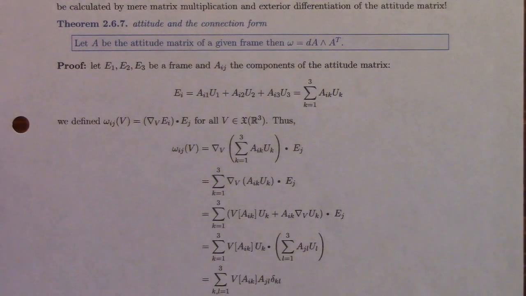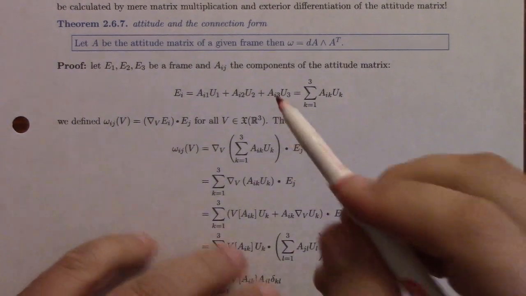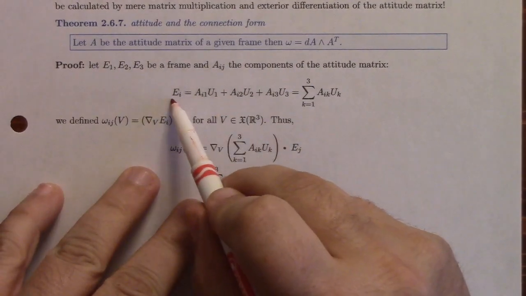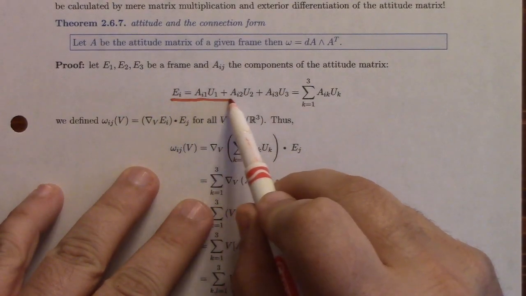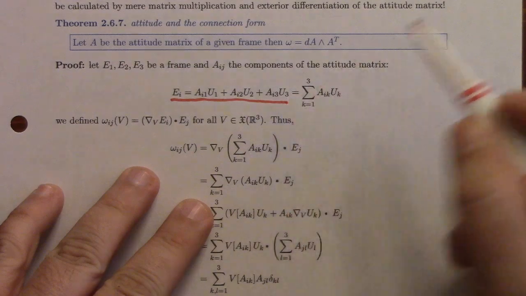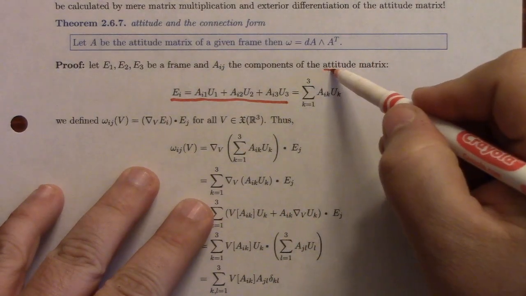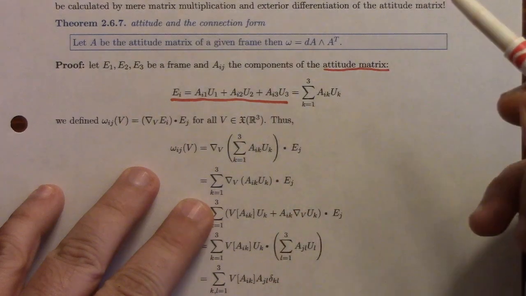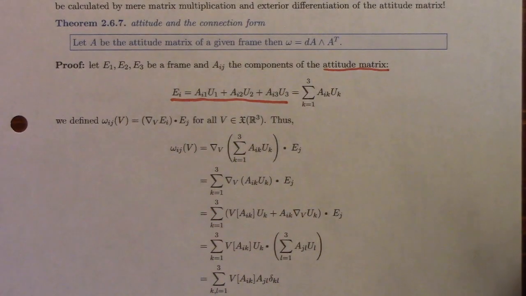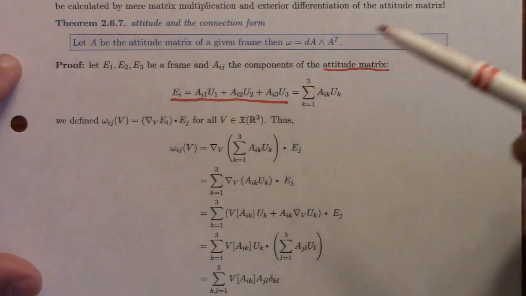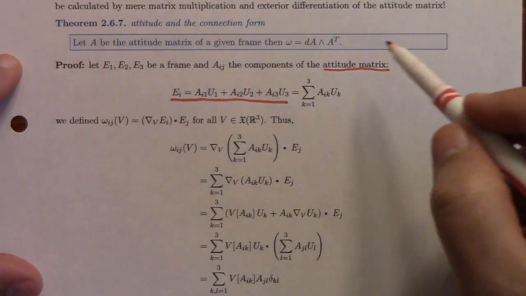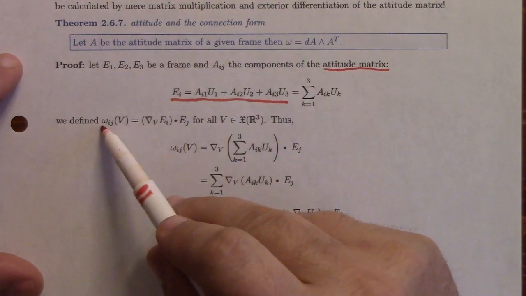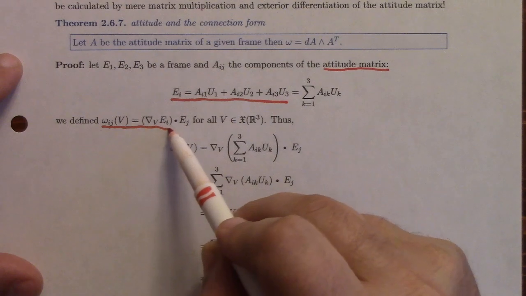Well, that's understandable, but here it is right here. The attitude matrix was formed from the components we need to expand the frame in the Cartesian frame. So the attitude matrix is essentially defined right here. It's the coefficients you need to expand the frame in the Cartesian basis. And the definition of omega is right here.